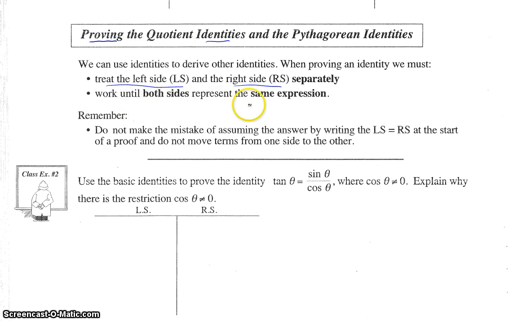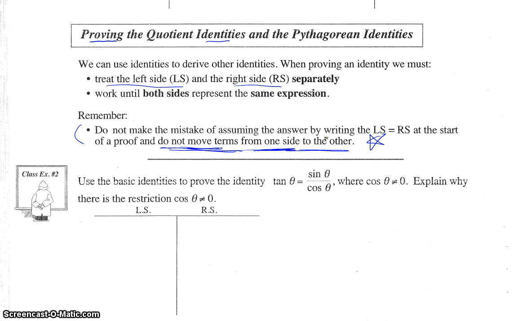You work with both sides until you get them down to equal the same thing. Do not make the mistake of assuming the answer by writing left-hand side equals right side at the start of the proof. This is something students sometimes do. You do not move the terms from one side to the other in an identity. That should never happen.